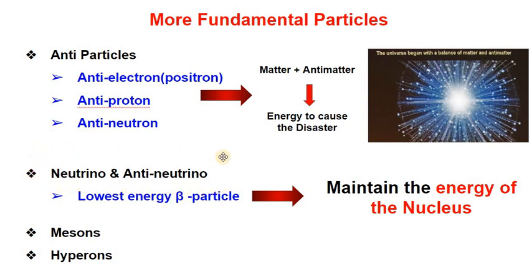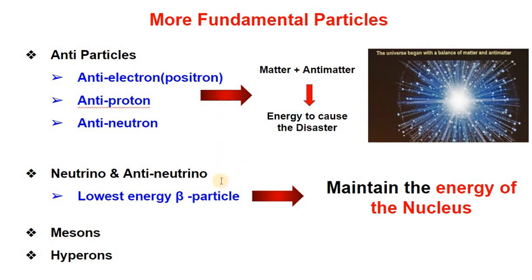In the scientific community at that time, it was thought that some other particles have to be considered which maintain the conservation of energy. Because for the lowest energy beta particle, if the nucleus loses energy in the form of radioactive disintegration, then the electron will not follow the conservation of energy principle.